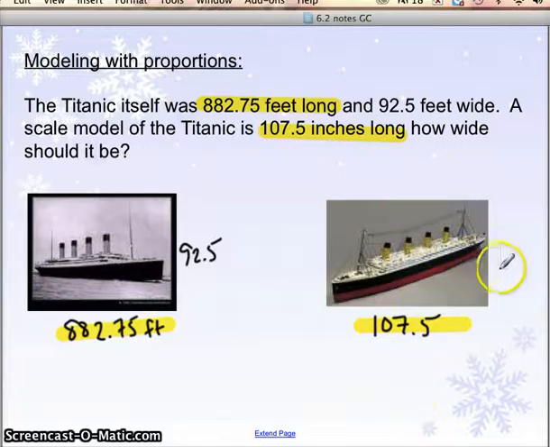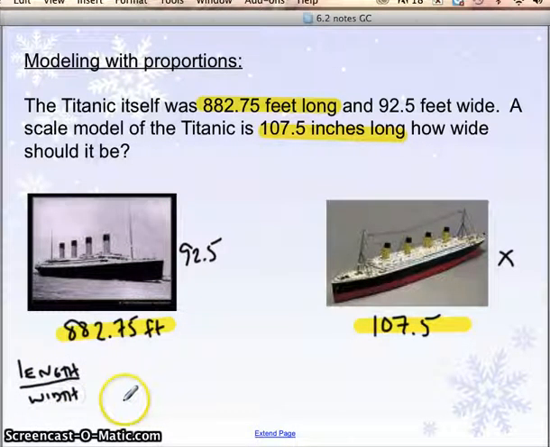And it says, how wide should it be? I don't know. That's what we have to find. So we need to set up a proportion, and we can do this a couple different ways. We could do length divided by width. Now we just have to stay consistent.